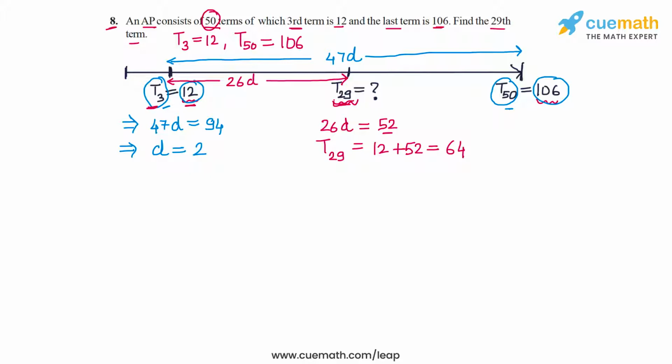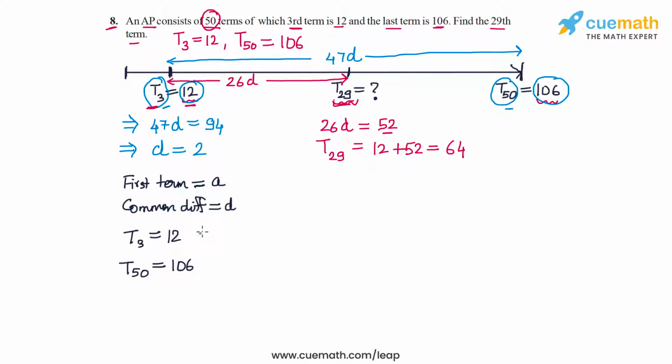Now let me show you a more algebraic way of doing the exact same thing. So we are going to assume that the first term of the AP, because that's not given, is A, and we are going to take the common difference as D. Now we are told that the third term is 12, so T3 is 12 and T50, the 50th term, is equal to 106.